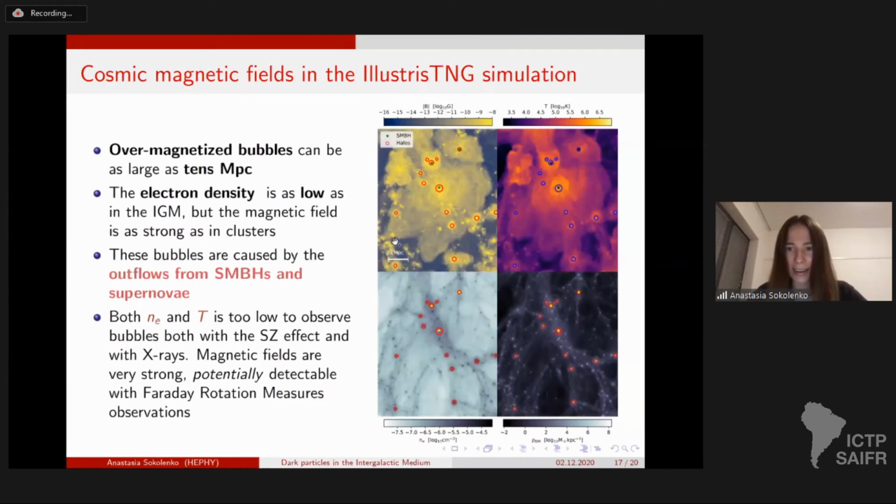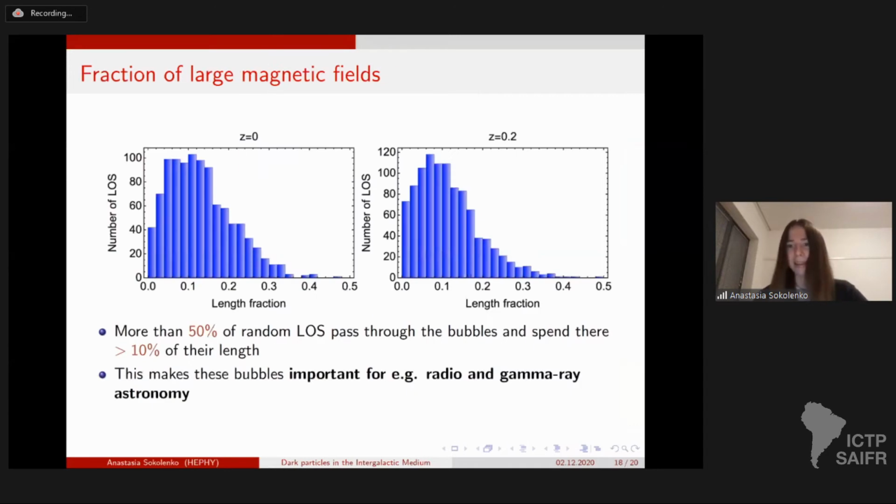Actually, they're quite hard to detect, because to detect them with, for example, Faraday rotation measure, you would need quite a large electron number density, but the electron number density here is quite low. And the same is true for temperature. So they're not really detectable.